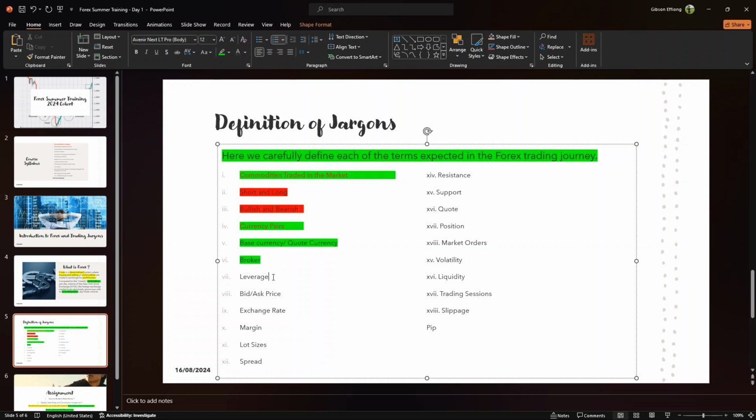What this actually means is that if for a particular trade I'm operating on a 1 to 2 leverage from a broker, the broker is giving me an opportunity that if I have $5 in my account and I'm operating on this leverage of 1 to 2, it therefore means the highest money I can make in that singular trade is $10.